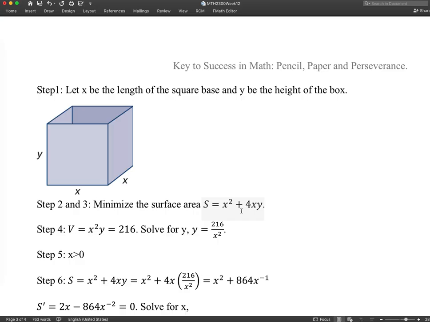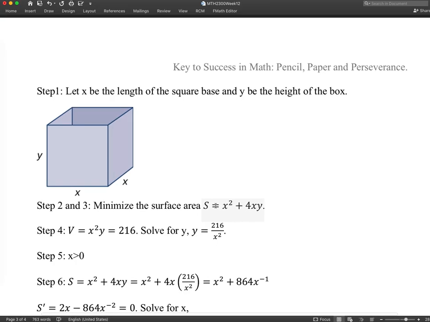This is really a function of two variables, so you want to convert it to a function of one single variable. Read the problem again. Whatever the box you may have, the volume of the box will have to be 216 cubic inches.